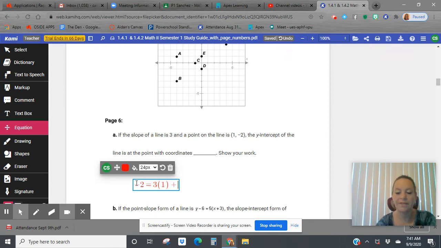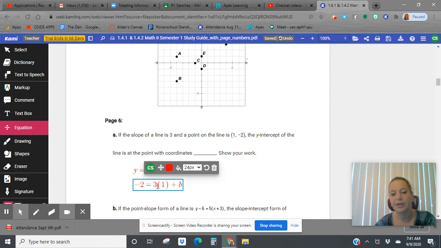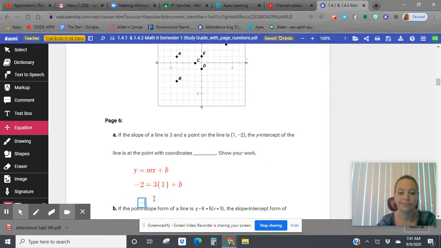And I'm trying to find the unknown intercept, b. So I'm going to go 3 times 1 is 3 and subtract it from both sides. And I'm going to get that b equals negative 5.